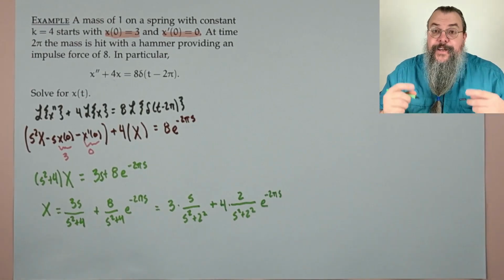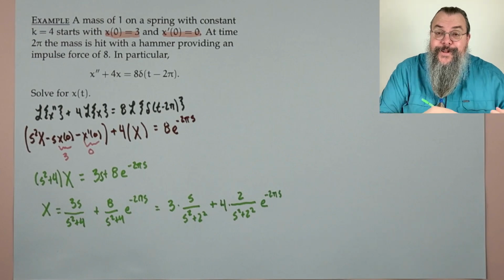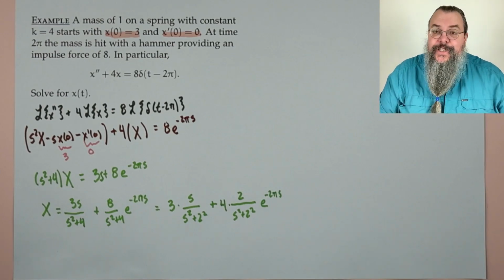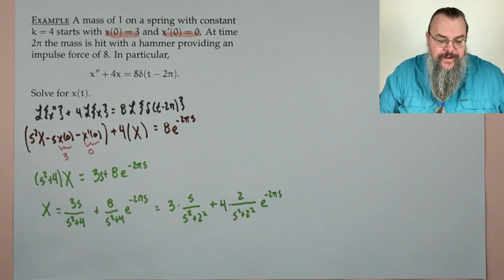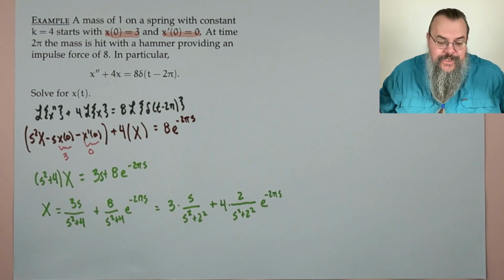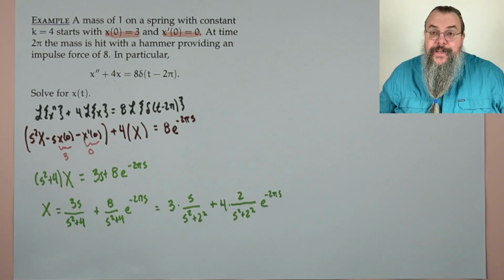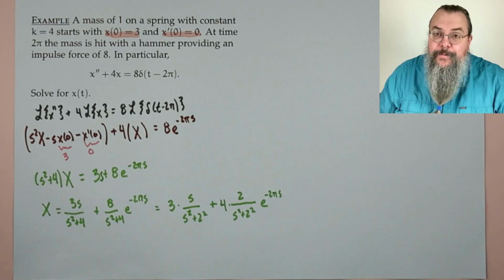All right, now we're ready to do our last step, which is the inverse Laplace. And I know you're thinking, we just started this problem. Yeah, that's how fast they can go. You know, they grow up so quickly.